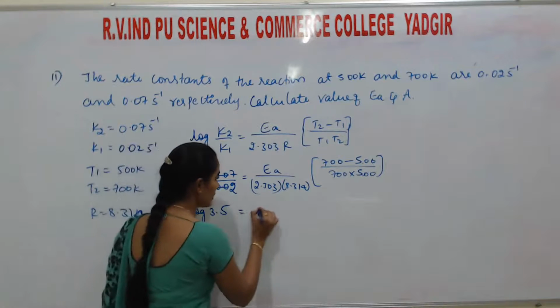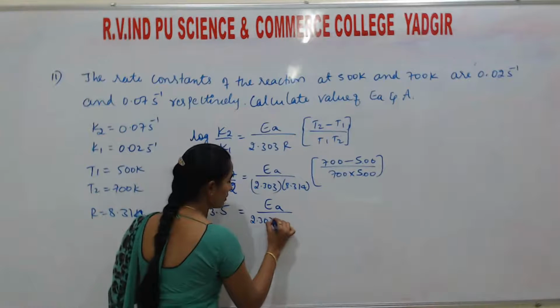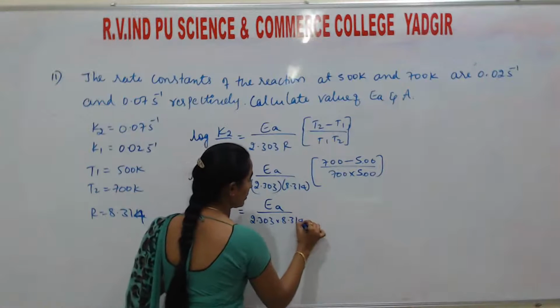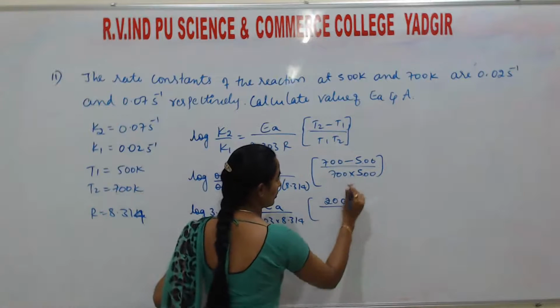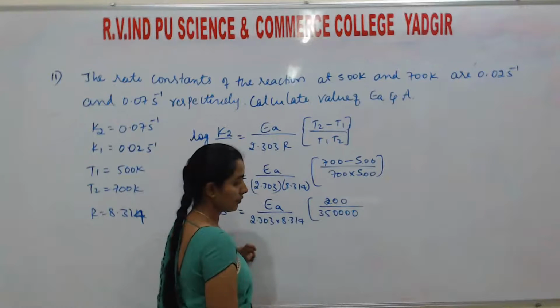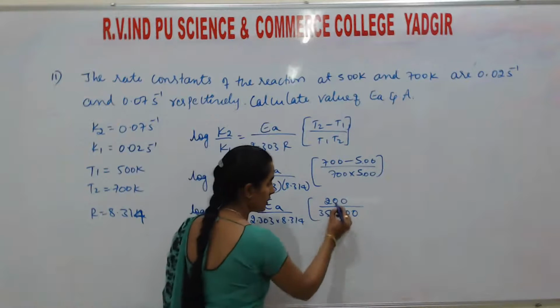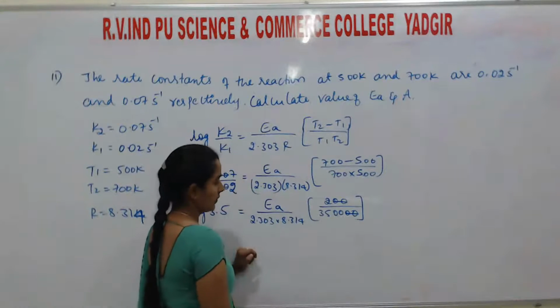Log 3.5 is equal to EA divided by 2.303 into 8.314, here 500 divided by 350000. This will get cancelled. Correct?